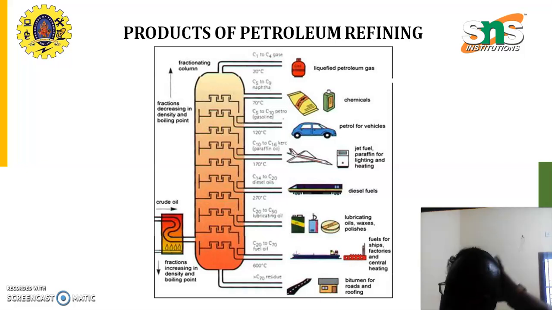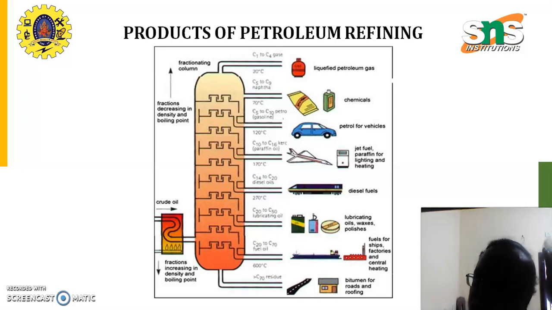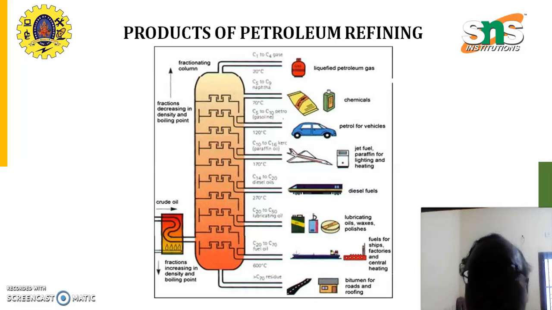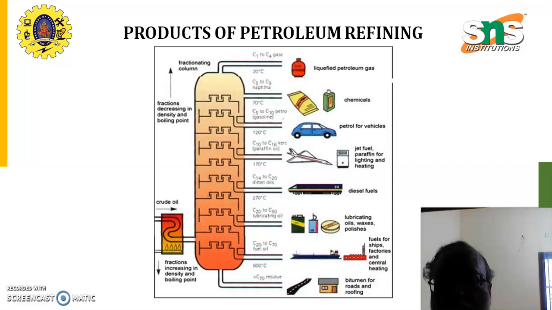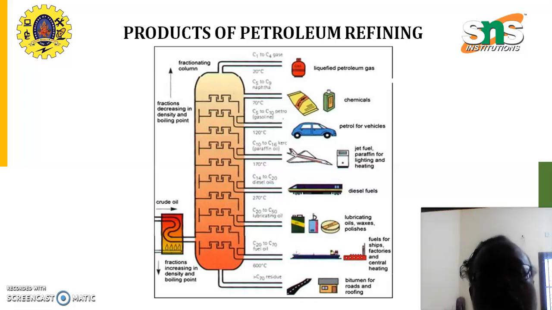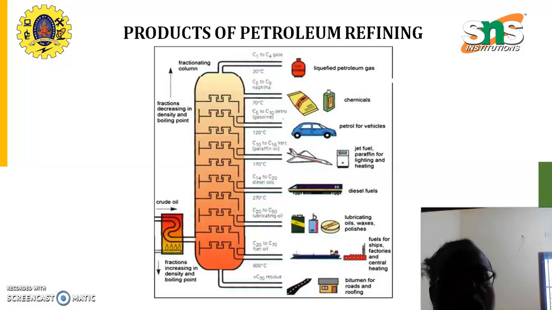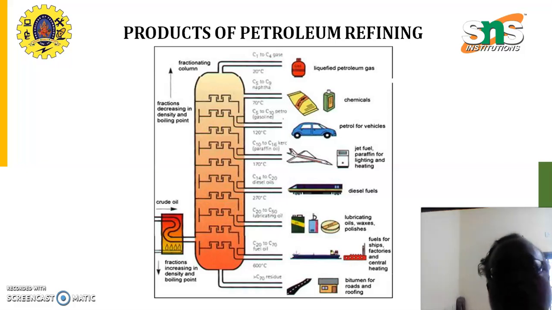Our vehicles in India normally use petrol as the fuel, or sometimes diesel is used as the fuel. It is heated up to 120 degrees Celsius. When we are heating the crude oil up to 120 degrees Celsius, we are getting the petrol or diesel.